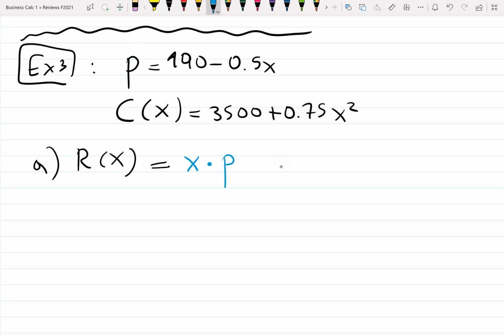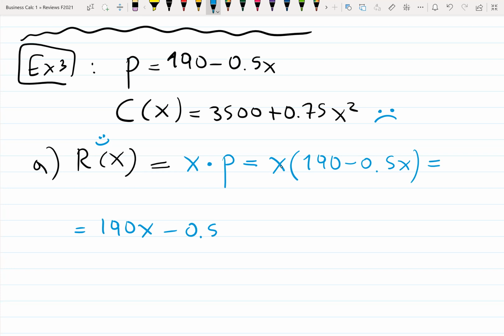So cost will be used later because cost is the one that makes you sad. Revenue is the happy one. So we're going to sell x suits with the price we choose, which is modeled by 190 minus 0.5x. Distribute, and this is my revenue: 190x minus 0.5x squared. Put it in the box.